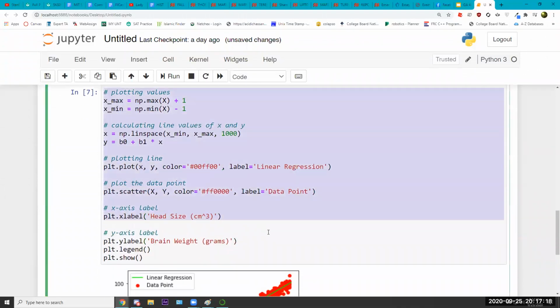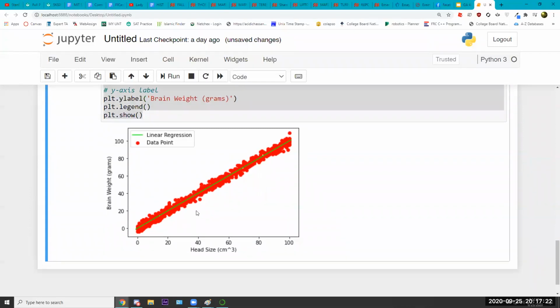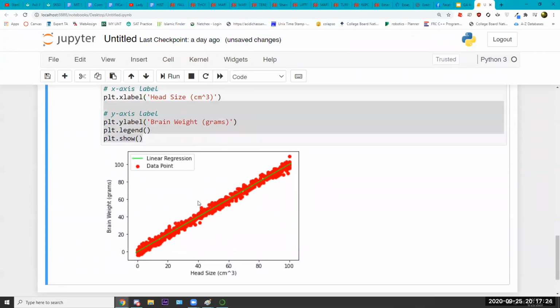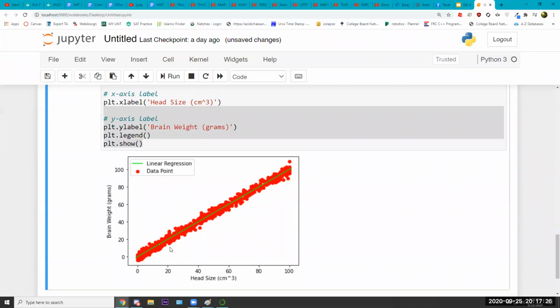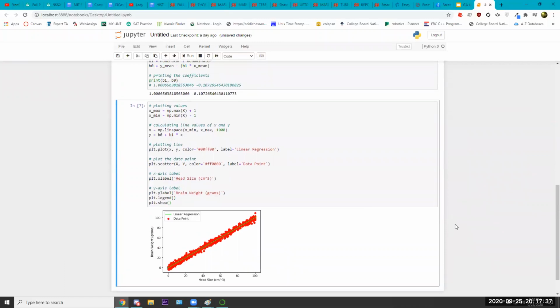Like I said, this is all just to make it look pretty. But this is it basically. This is the linear regression data points, and this is what the line of best fit came up as. And I think that's all for OLS and for the code sample.